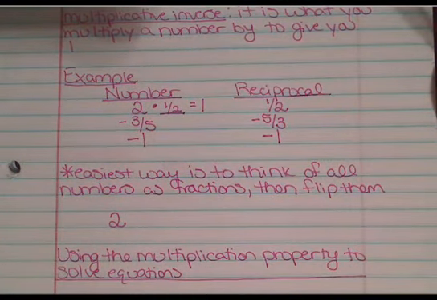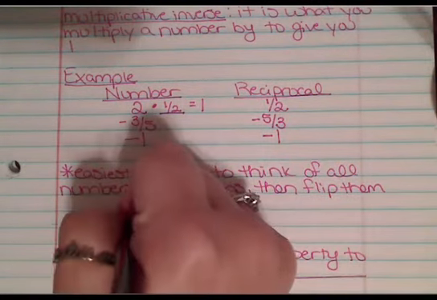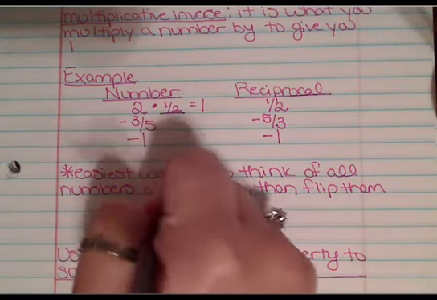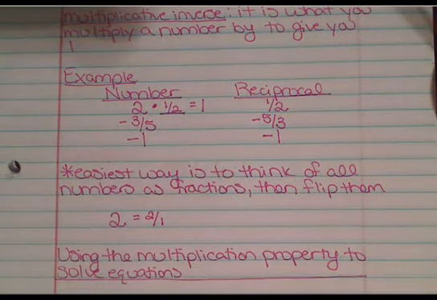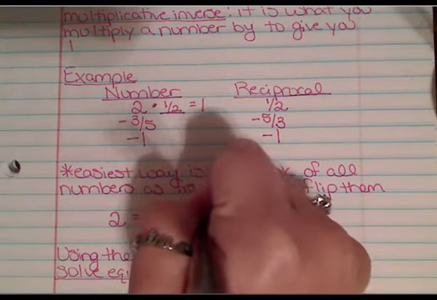Okay, here's a helpful hint. The easiest way of finding the reciprocal is to think of all numbers as fractions and then flip them. So here we have the number 2, and if we write that as a fraction, that is the same thing as 2/1. You can write any whole number as itself over 1. Then to get the reciprocal, you would just flip it, which would be 1/2.